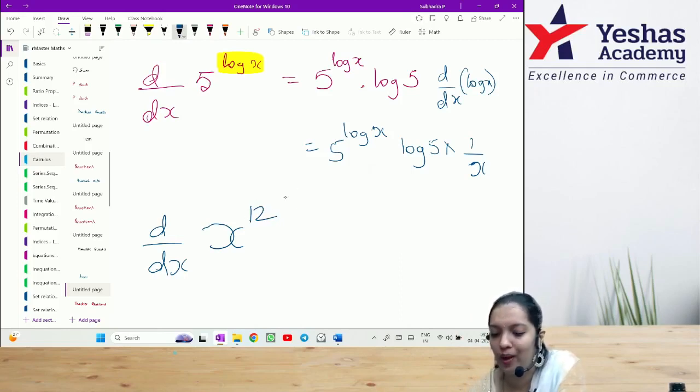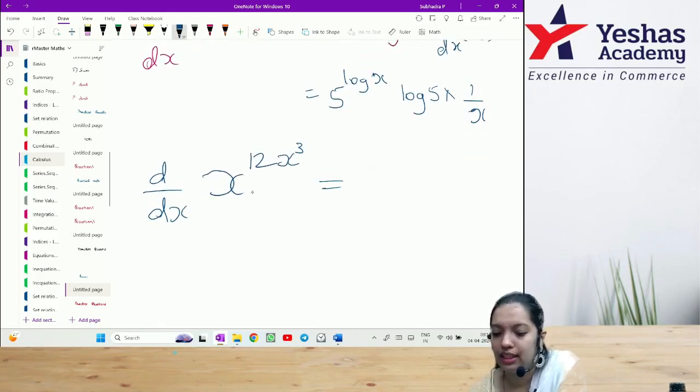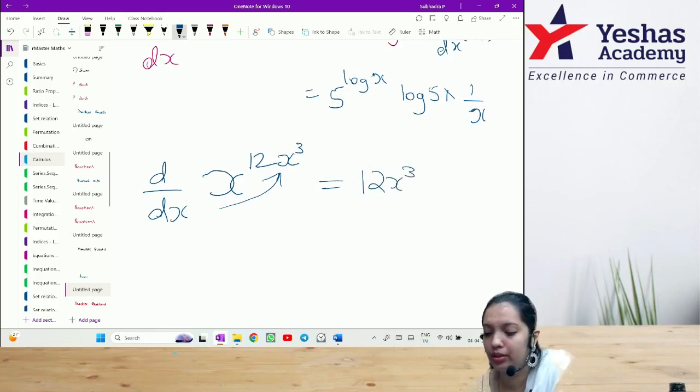I will again put something like 12x cube. First, x power n formula: n into x power n minus 1. So 12x cube into x to the power of 12x cube minus 1.